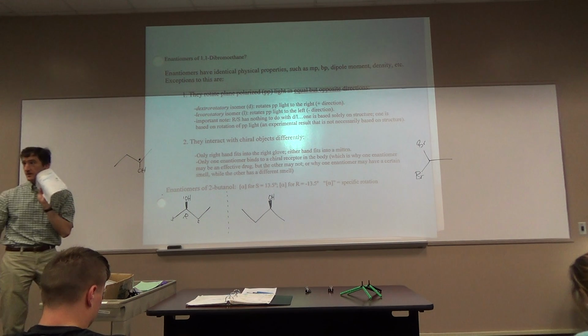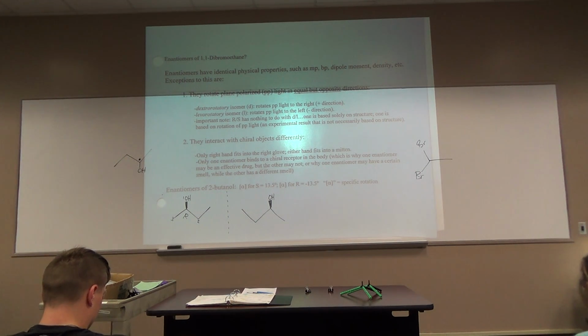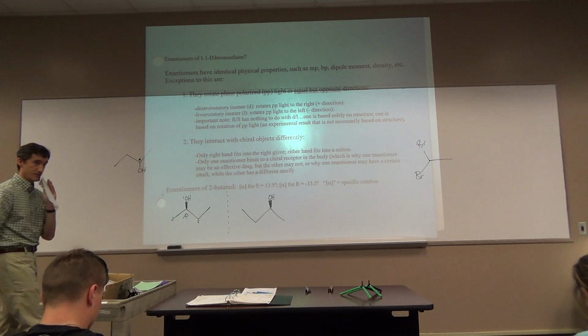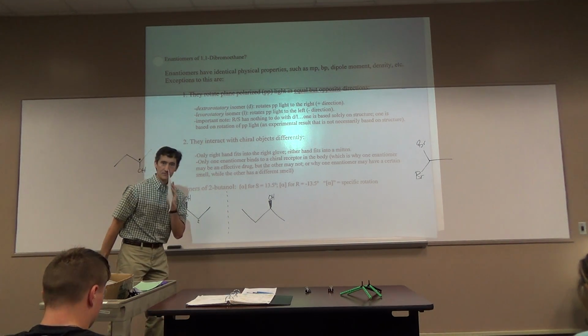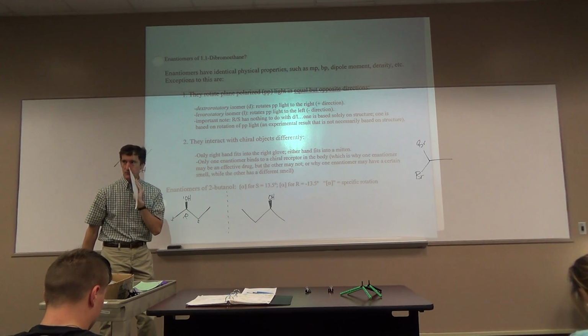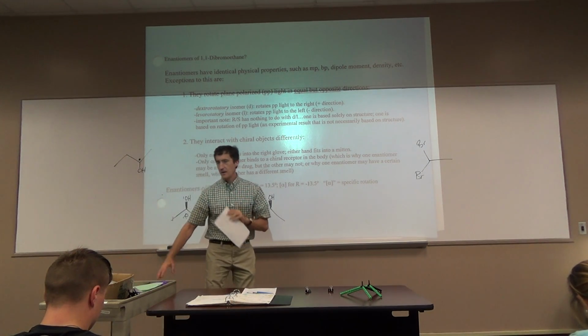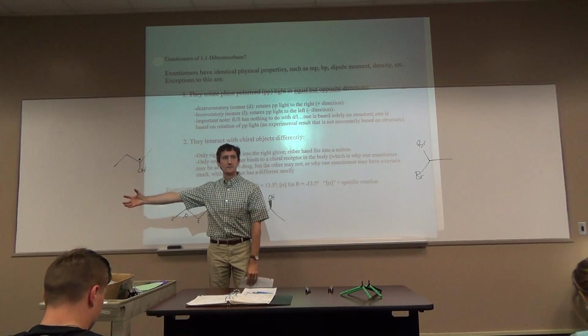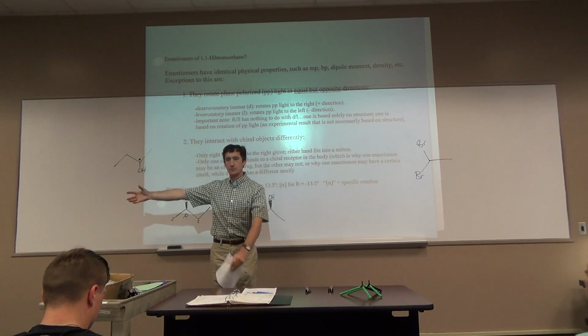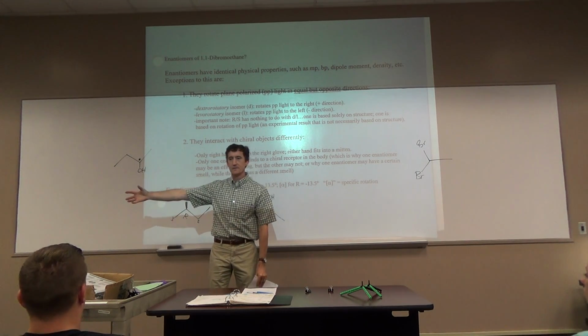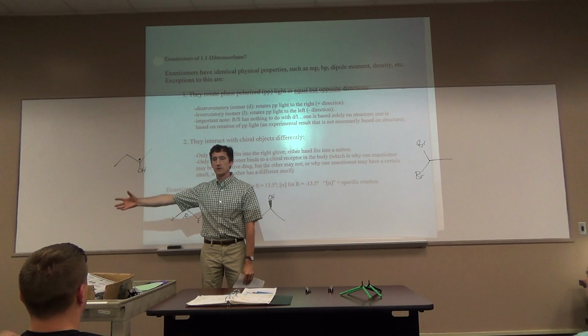It better be S, because guess what? The mirror image of R is S. Just like the mirror image of right is left. I'm holding up my right arm. You be my mirror image. No, I'm holding up my right arm.